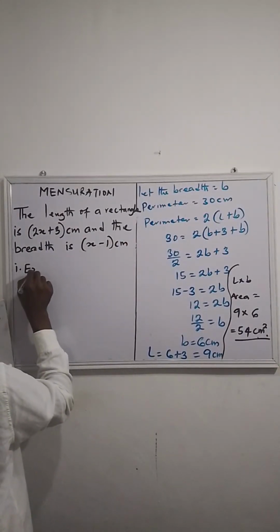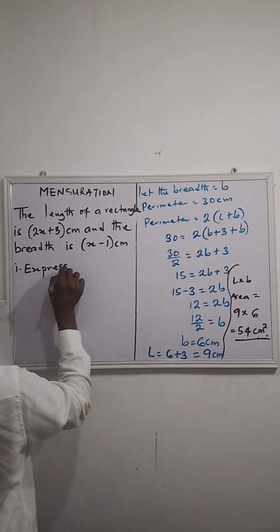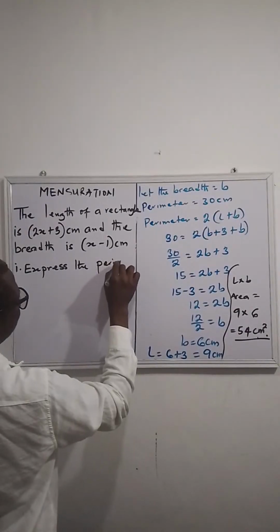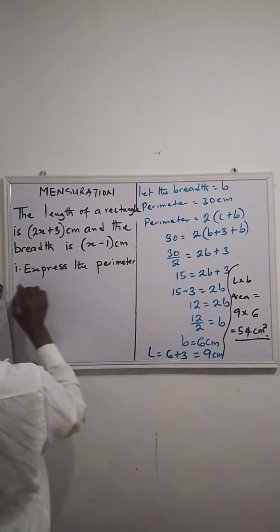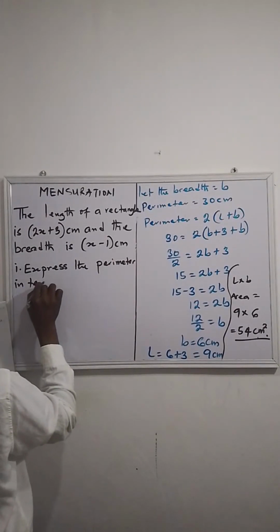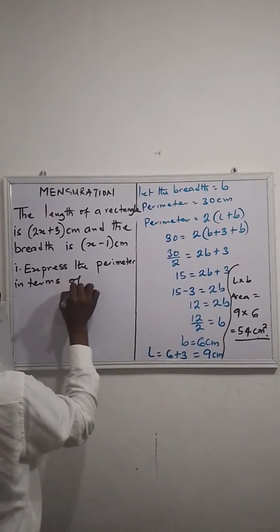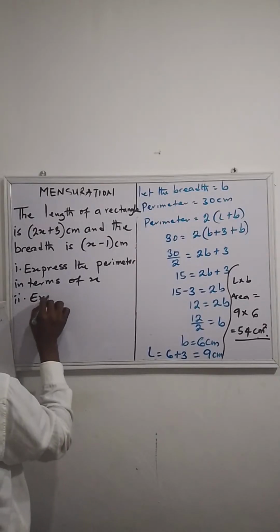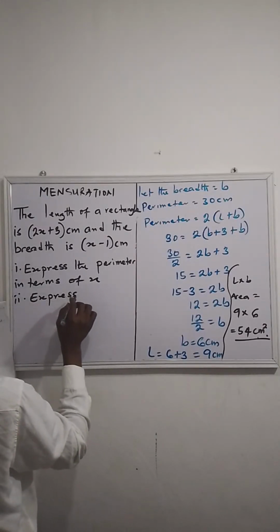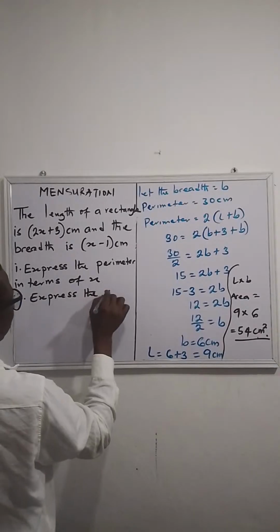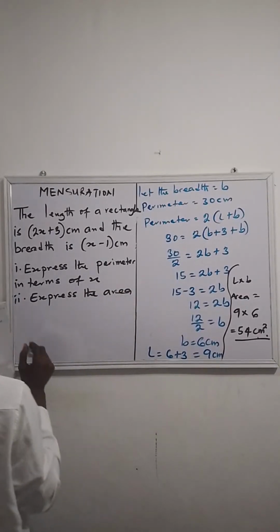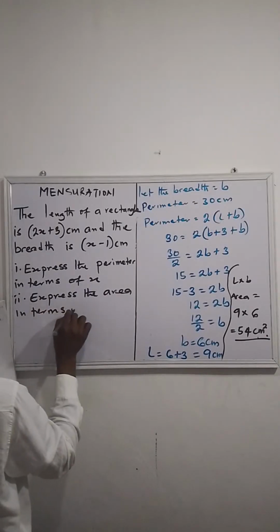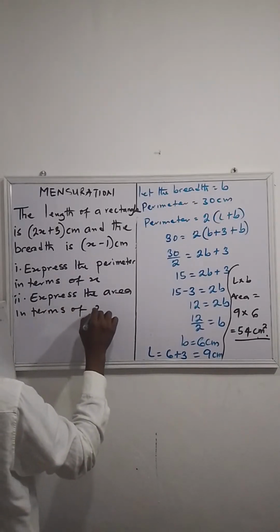Roman numeral 1, express the perimeter in terms of x. 2, express the area in terms of x.